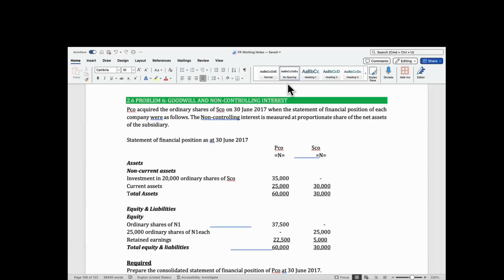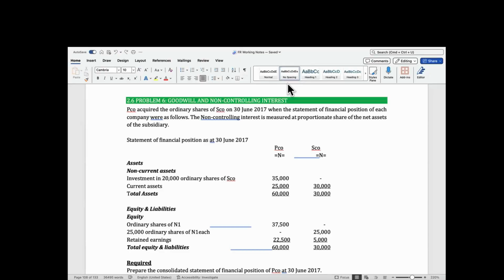And it's important to know that there can be some confusions, especially around reserves or retained earnings, because reserves and retained earnings are cumulative, right? And they are also part of the net asset or the equity of the subsidiary.